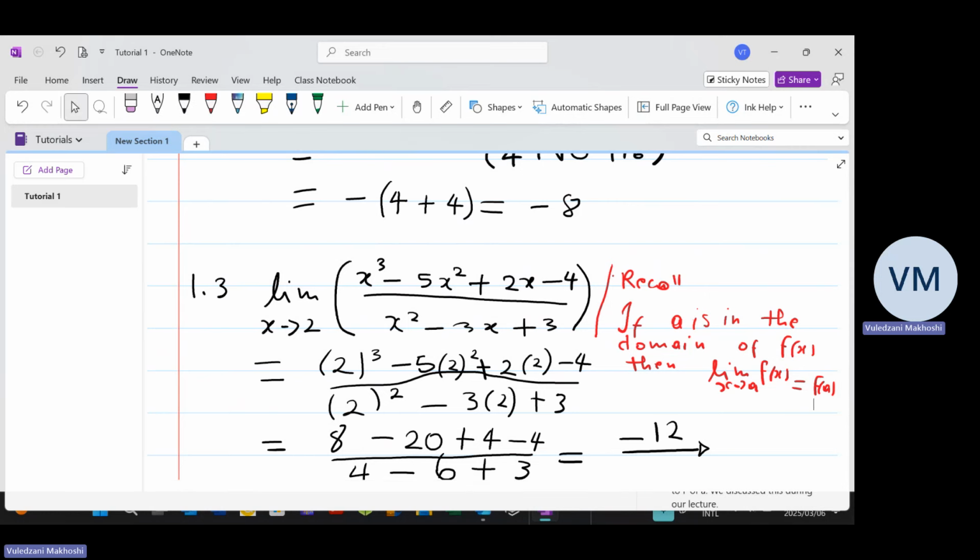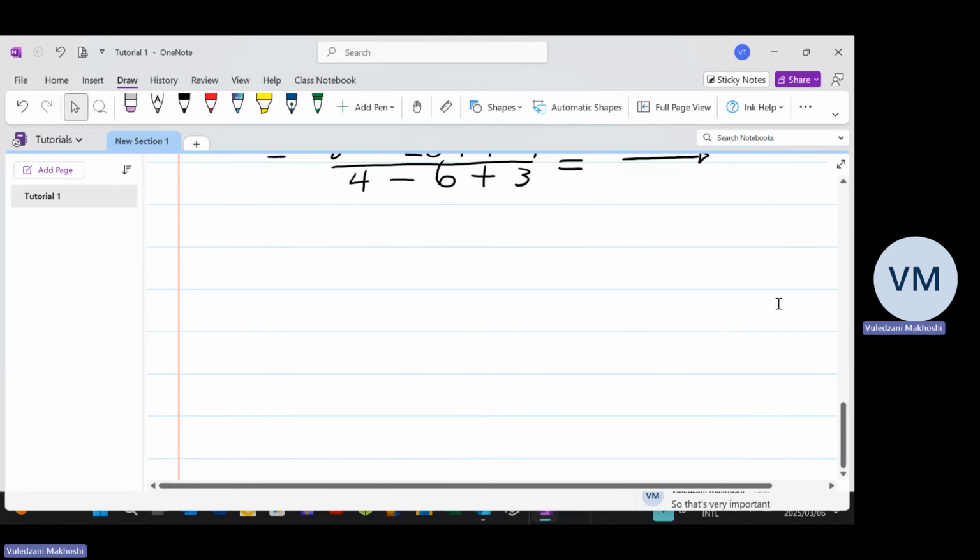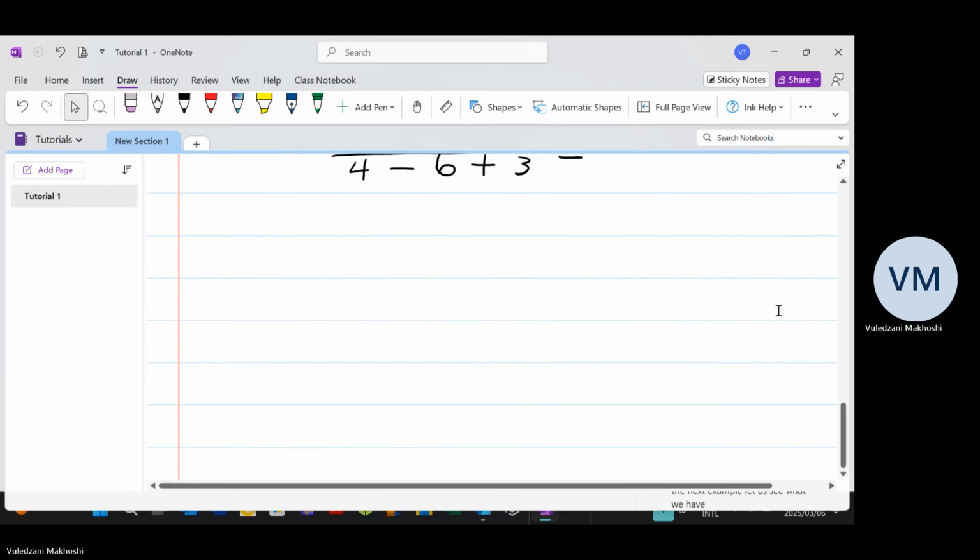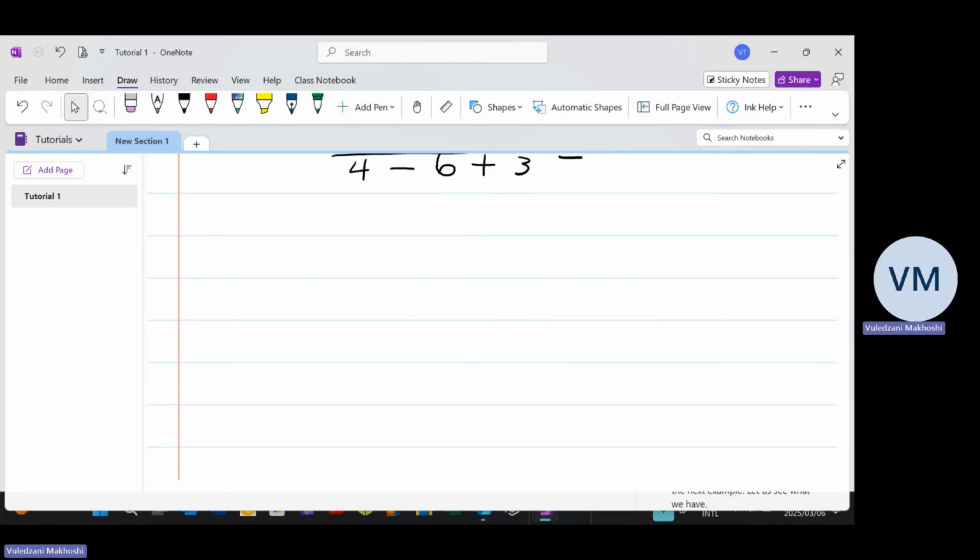So that's very important, because in the next example, let us see what we have in the next problem. What do we have? We are given, let us do 1.4.